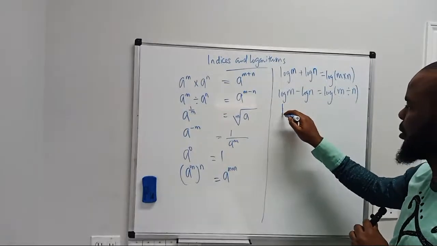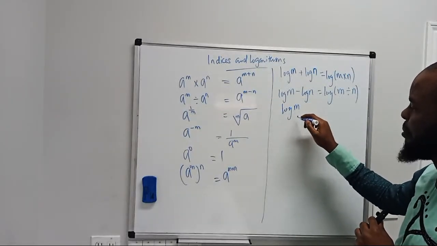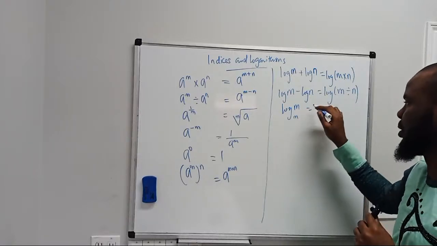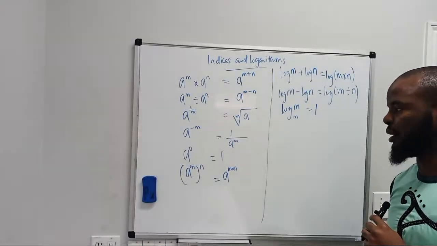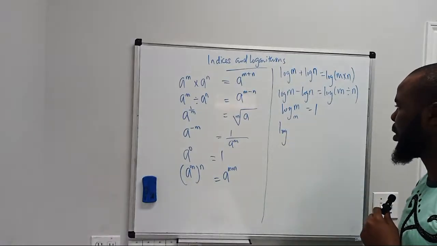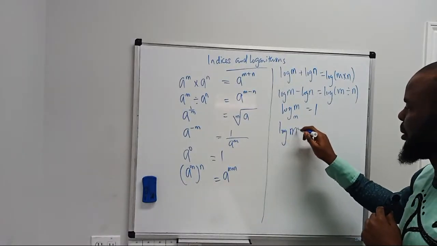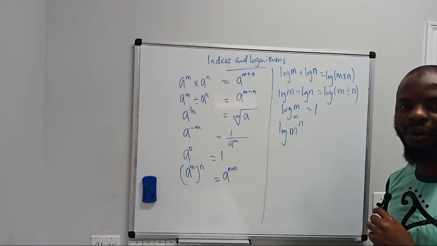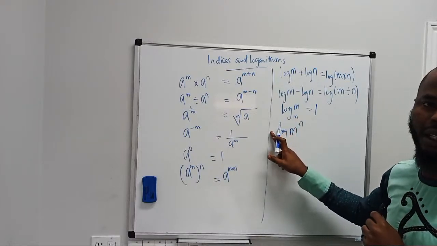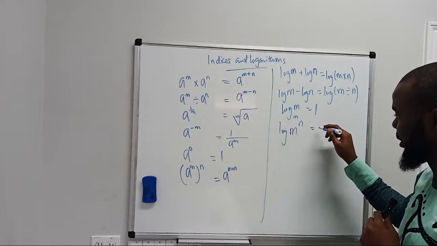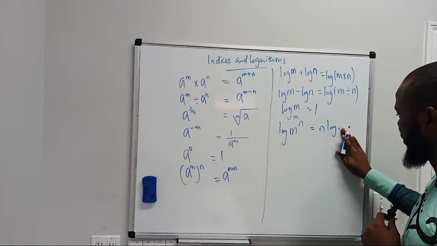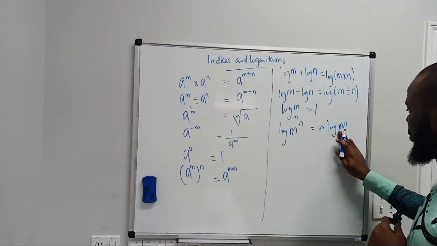Also for logarithm, if you have log m base m, the base is equal to the number, so it's going to give you 1. That rule is not applicable to indices. And also, if you have log of m to the power of n, your n can move to the front, so you bring your n here and you have n log m.